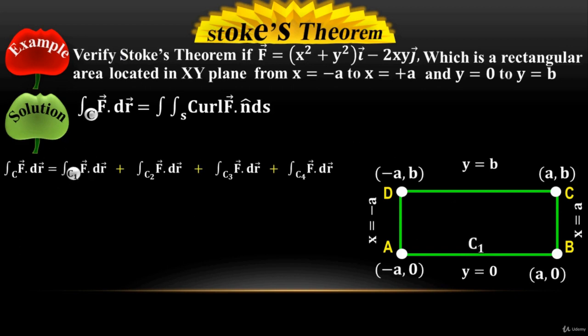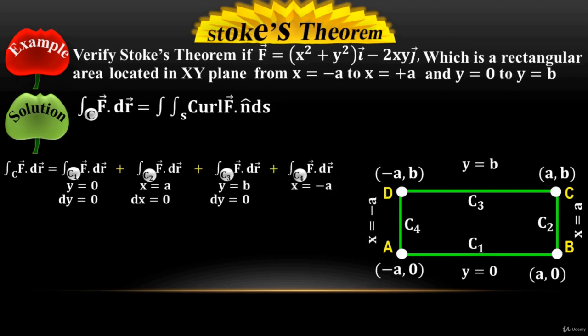Name this side C1 where y equals 0; take the derivative on both sides to have dy equals 0. Name this side C2 where x equals a, so dx equals 0. Name this side C3 where y equals b, so dy equals 0. Name this side C4 where x equals minus a, so dx equals 0.